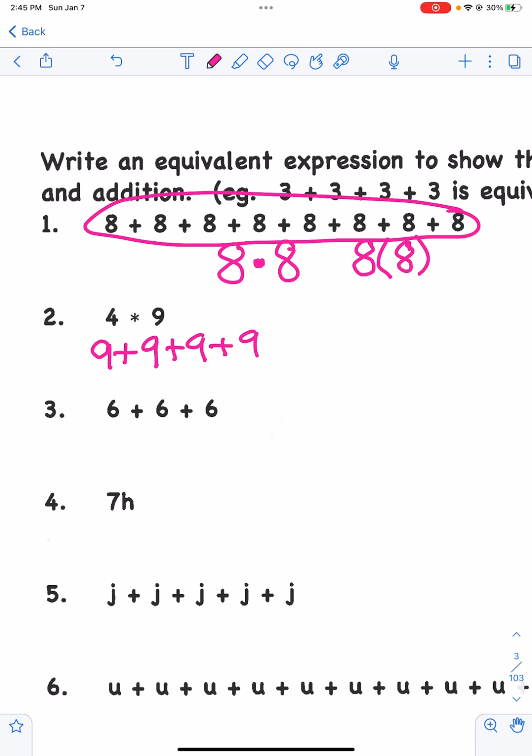But if you did 4 plus 4 plus 4 plus 4, etc., 9 times, that's also correct. I'm just taking the easier one to do. Notice how when you write it out like this, you're writing plus signs. So the shortcut way is the multiplication, and the long way is the plus signs.